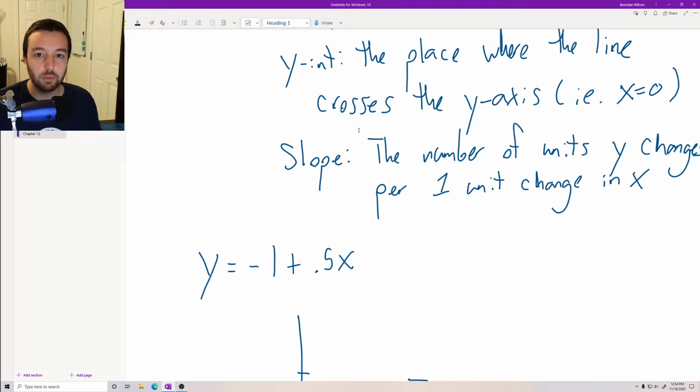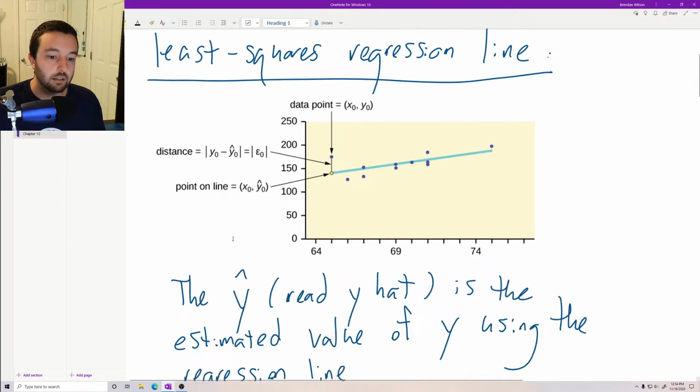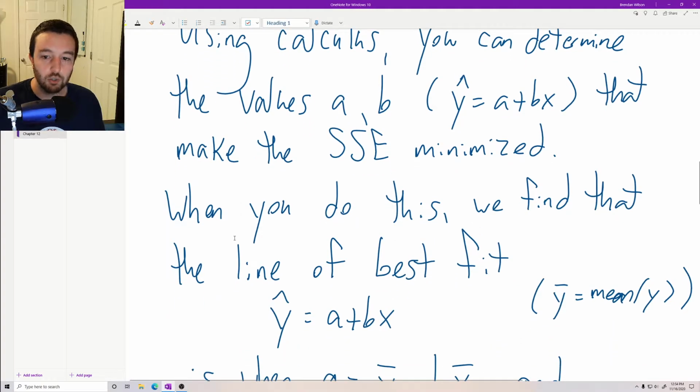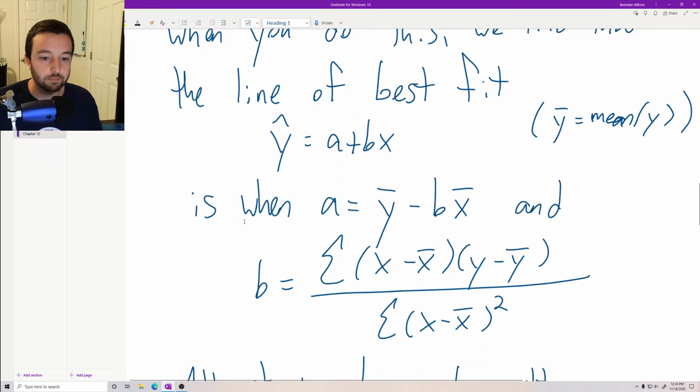So just replace y and x with dependent and independent variable. It's just a little more general there. In other words, it just tells you as you go to the right on your graph, what is y doing? Is it going up? Is it going down? And by how much?